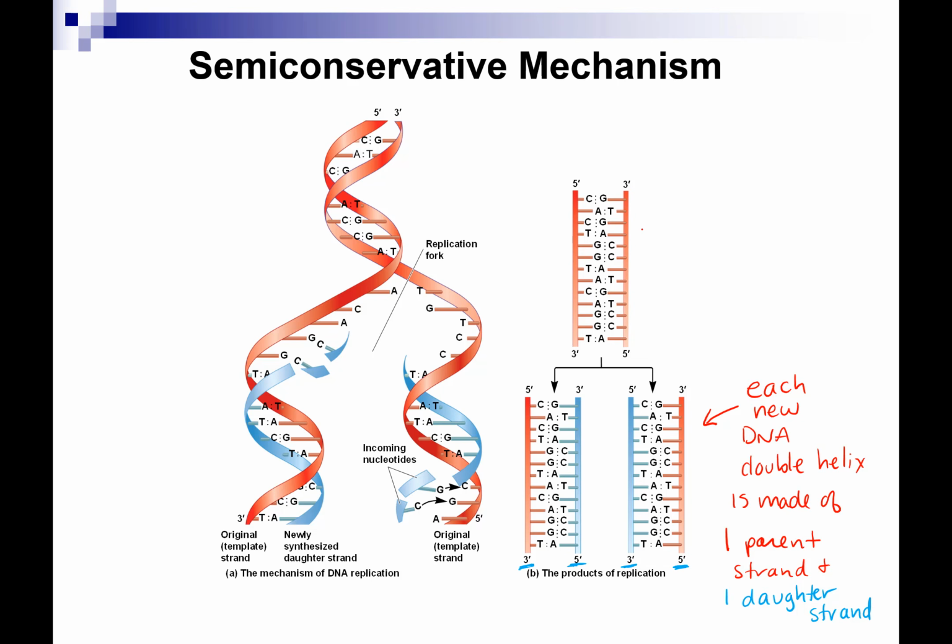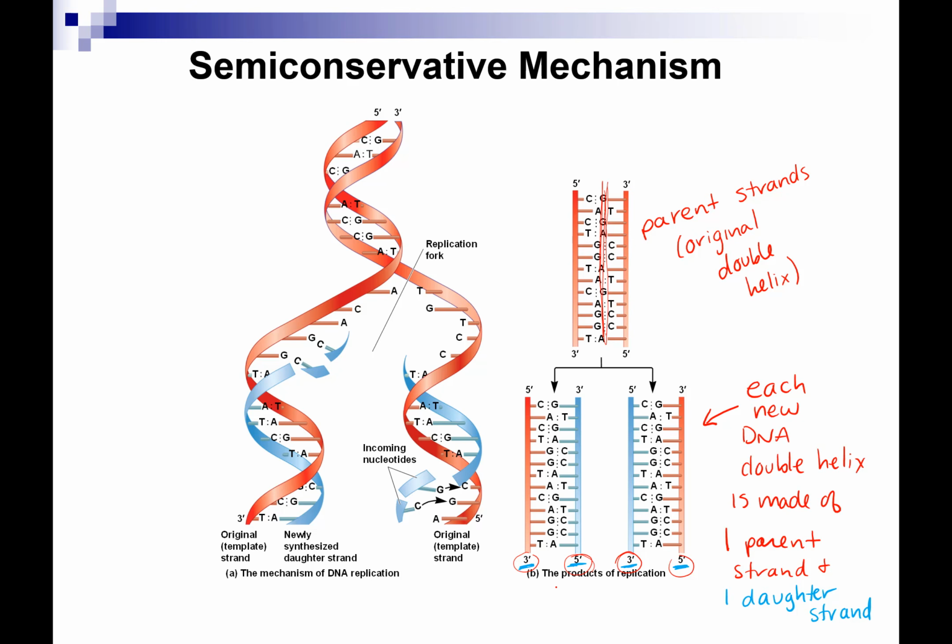So up here is what we call the parent strands. This is the original double helix. And then we're going to talk about how we split the helix open. We break the hydrogen bonds. We open it up and DNA polymerase copies, and makes a new daughter strand that is complementary by base pairing to the parent strand.